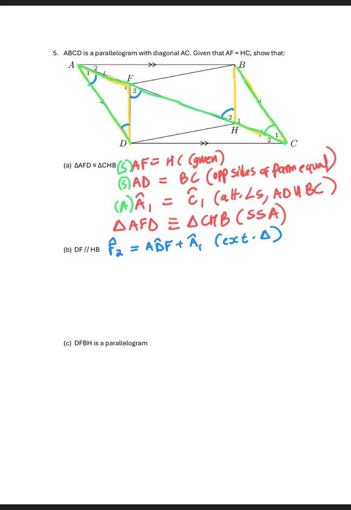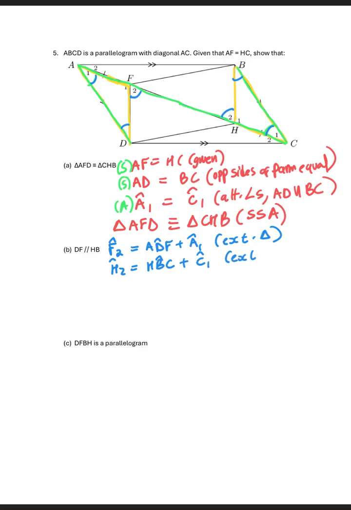And then angle H2 is also an exterior angle of a triangle. It's the exterior angle of triangle BHC. So then we're going to say angle H2 is equal to angle HBC, meaning this angle and that angle, when we add them we get H2, plus angle C1.